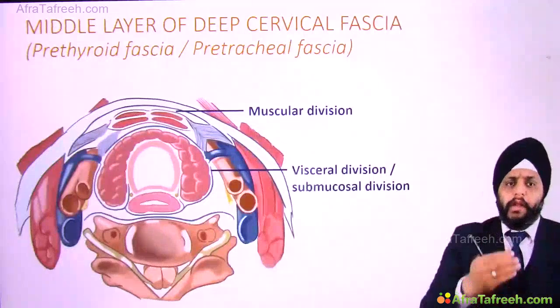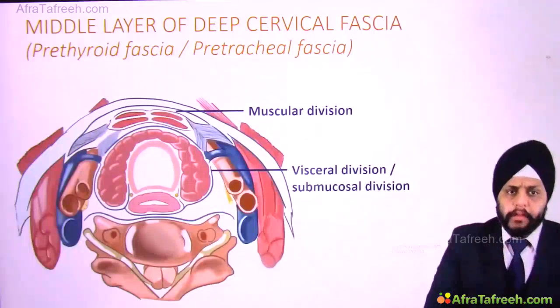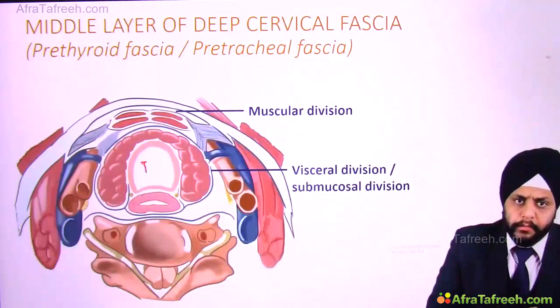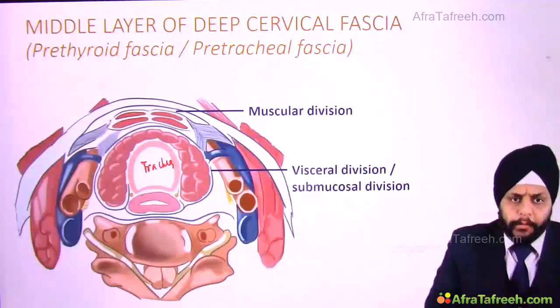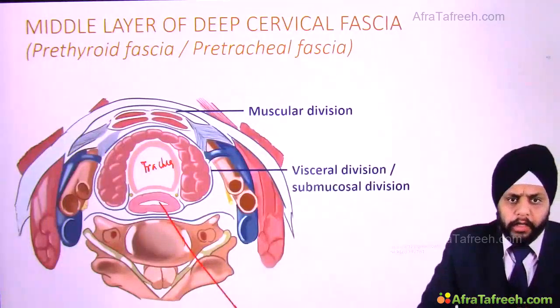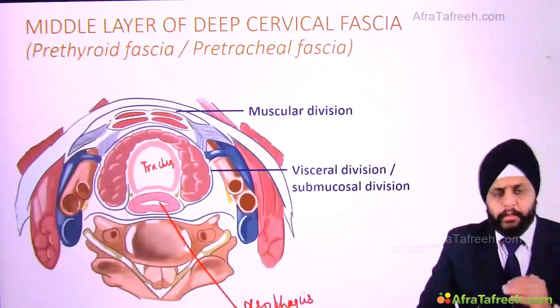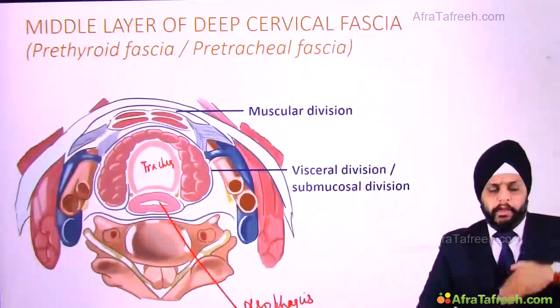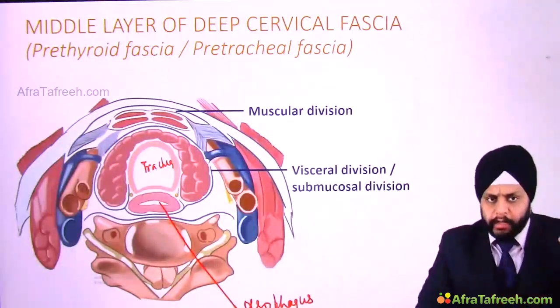Now on the posterior aspect, at this level you can see that this is the trachea. Behind the trachea you can see an antero-posteriorly collapsed tube. This tube over here is the esophagus. But when you go up, you will find that this esophagus is replaced by pharynx.